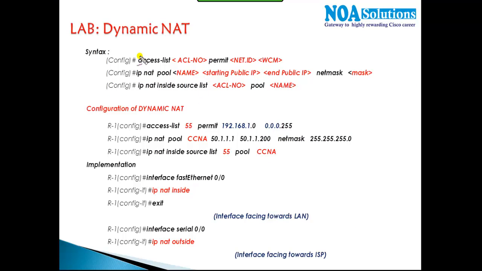We are going to write the statements in 3 lines. In the first statement, I'm going to use a standard ACL, which is going to match the source address, the private IP addresses. Inside the ACL, any number can be used, let's say I'm using 55 in this scenario. In ACL 55, we define the private addresses we want to use.